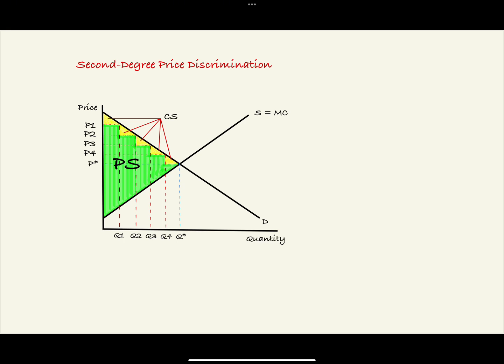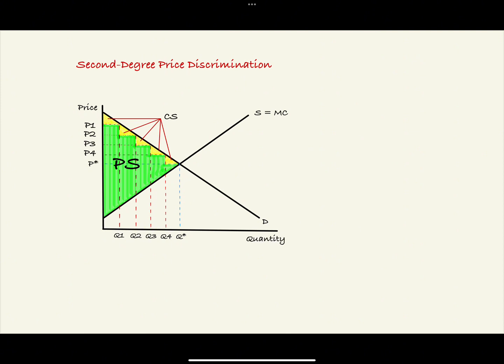Now, producer surplus is the difference between the price that producers are willing to accept for their good, which is why the supply curve bounds producer surplus below, while price, which is the price that producers actually receive for each given quantity of the good, bounds producer surplus above.